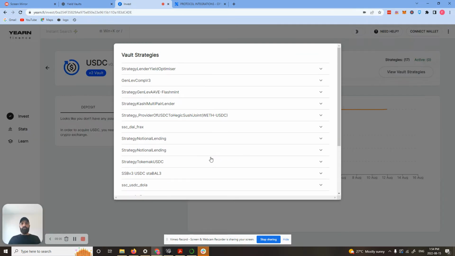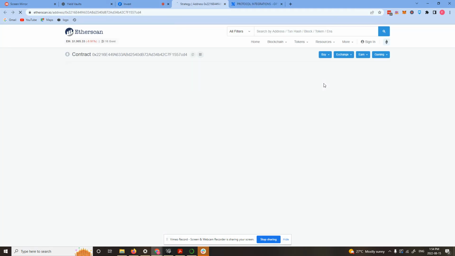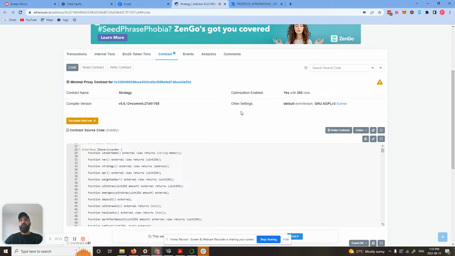Not all of them are operational. They're like one-off strategies. Some of them have been retired, I guess. But each strategy is essentially a smart contract. So this is a strategy that's a smart contract. You can see it here, et cetera, et cetera.